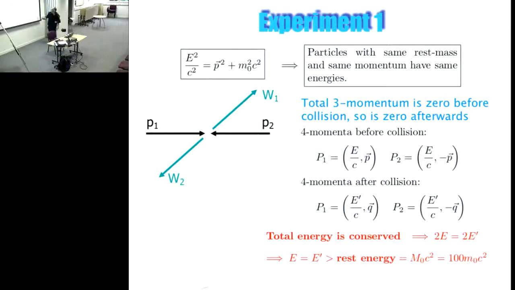So the total 3-momentum is 0 before, so it's 0 afterwards. The 4-momentum before has equal and opposite momenta, and the 4-momentum after must still be equal and opposite.